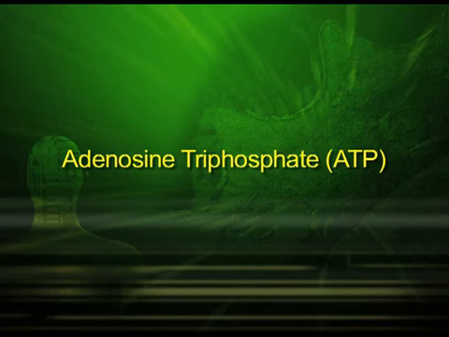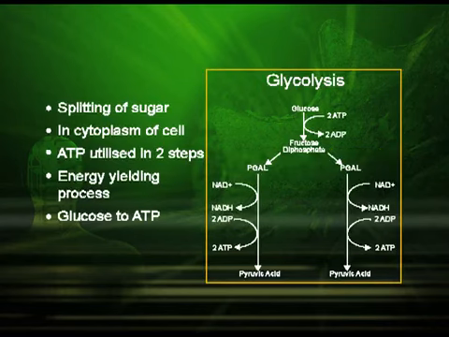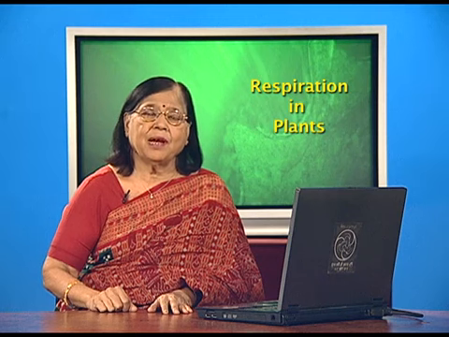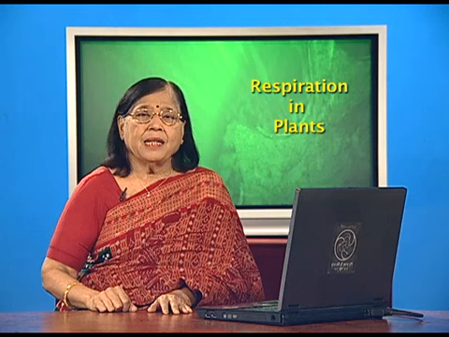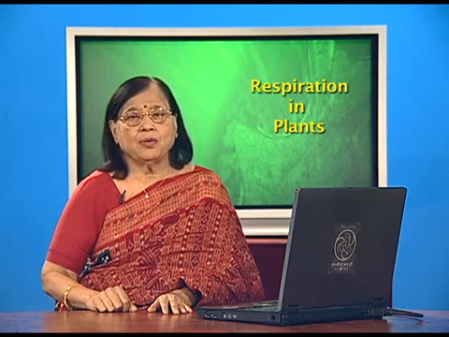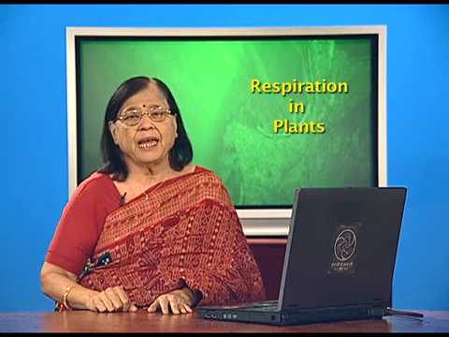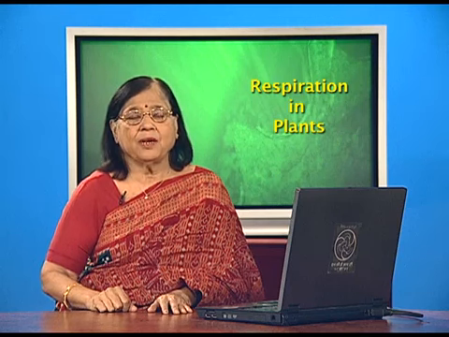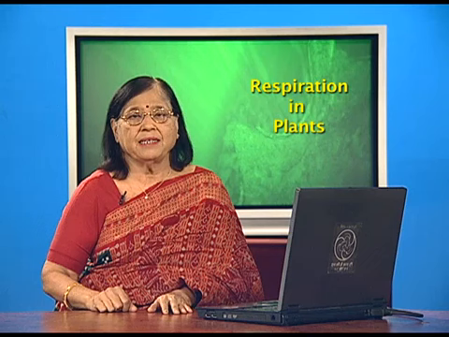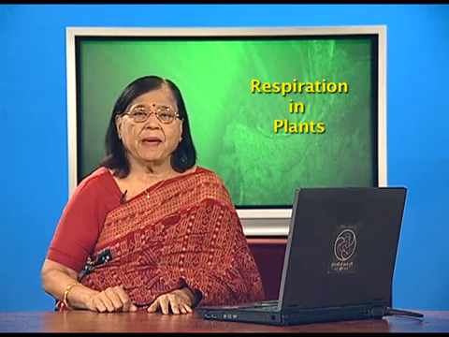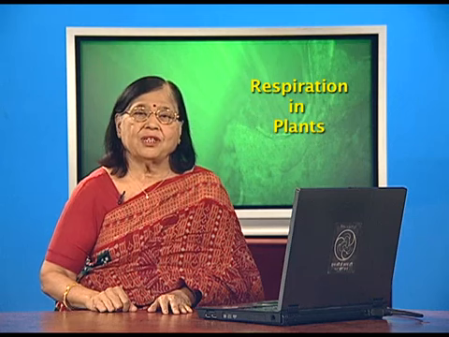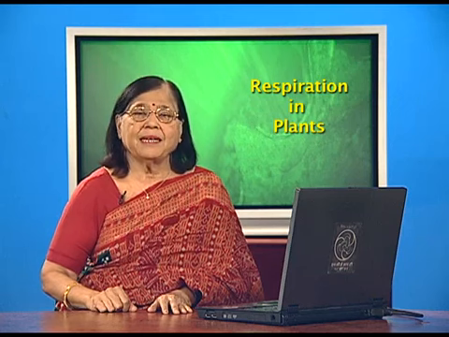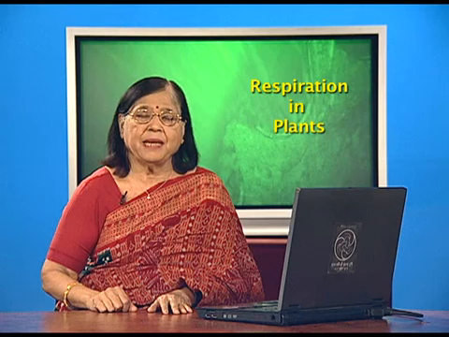Now, this ATP remains in the cell and energy is given out as per the requirement of your body. When you use this ATP as day to day energy, it is converted to ADP, that is adenosine diphosphate, and it again goes back to the mitochondria, where further oxidation through respiration converts it to ATP again.